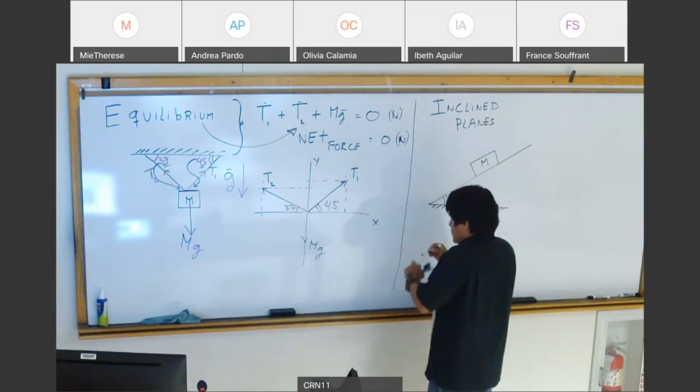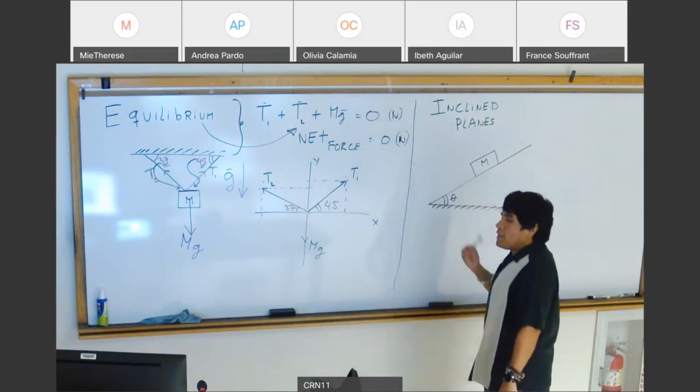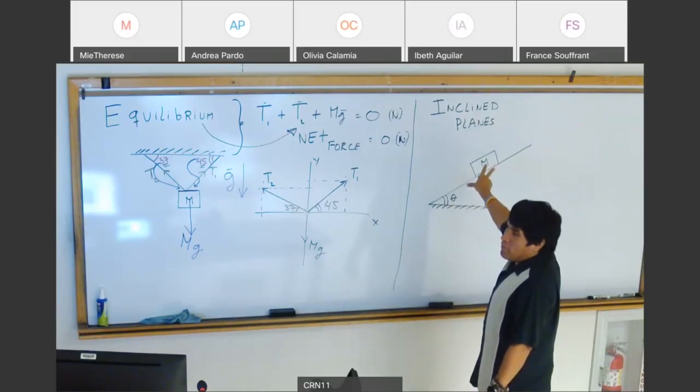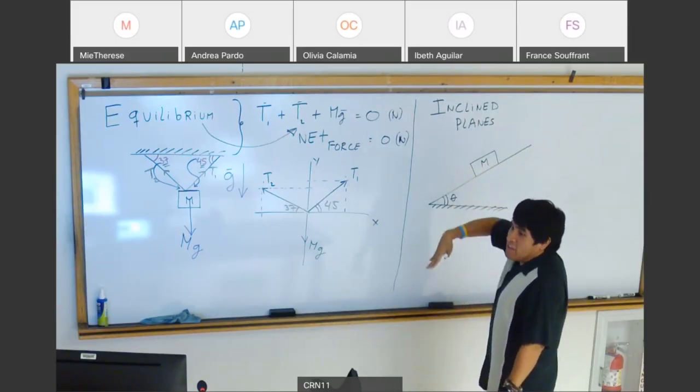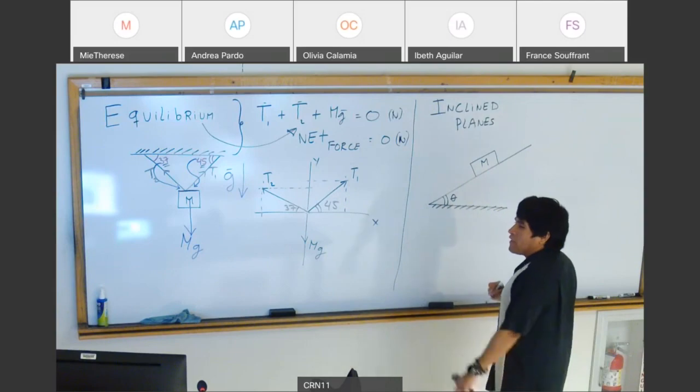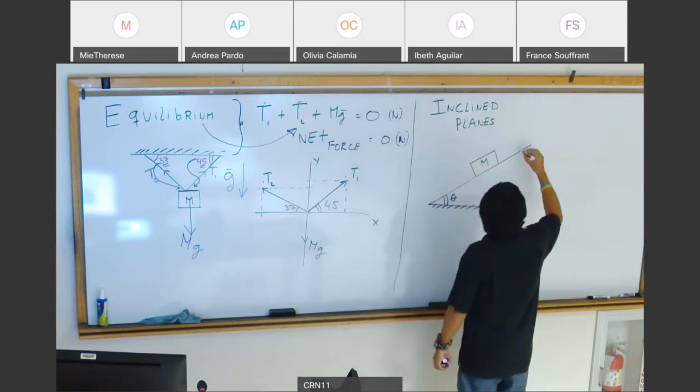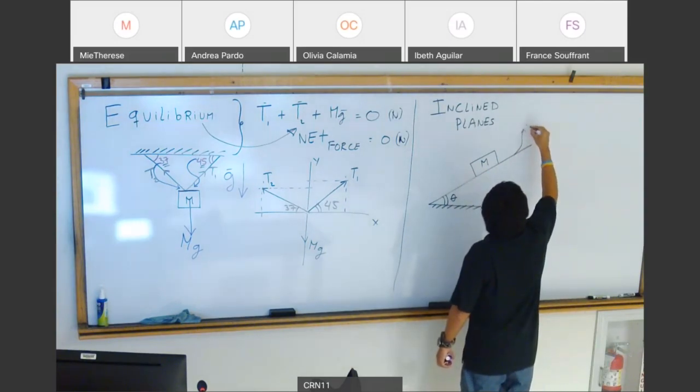There. How can it be in equilibrium if there's an angle, if there's an inclination there? Because we're going to now add friction. All right? So let's suppose here there is a mu.